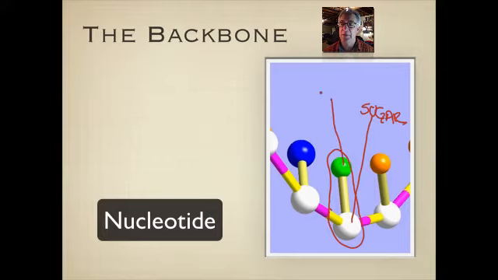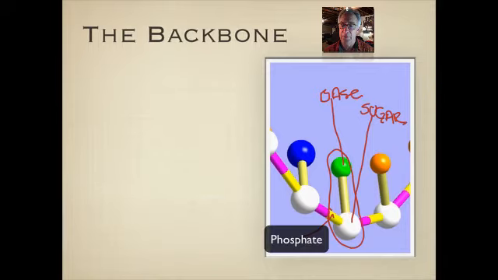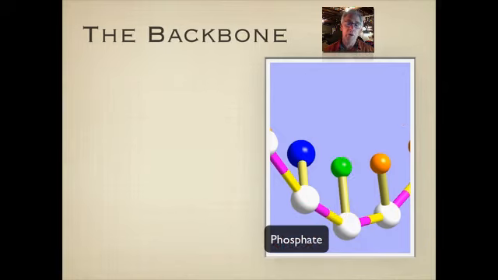This is the base. And this over here is the phosphate. Every nucleotide is made up of those 3 things: a phosphate, a sugar, and a base. Base, sugar, phosphate. Those components are part of every DNA molecule.